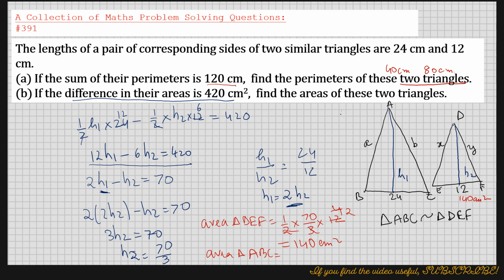That would be 560 centimeters square, because if one is 560 and the other is 140, and you subtract them, you would get 420. So if I write, the areas are 140 centimeters square and 560 centimeters square.